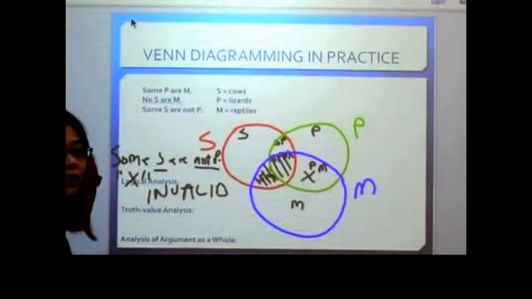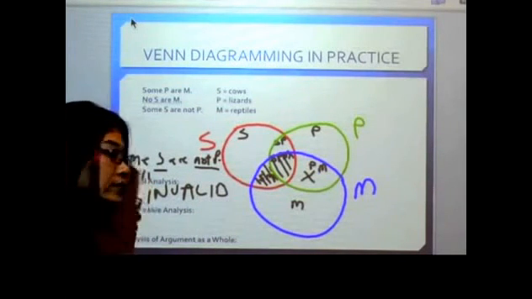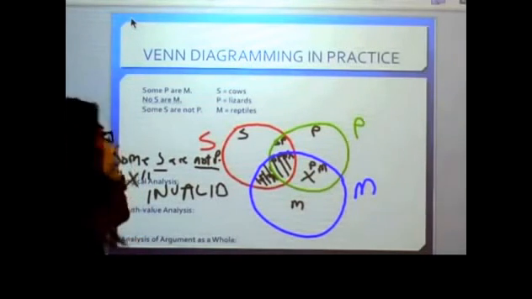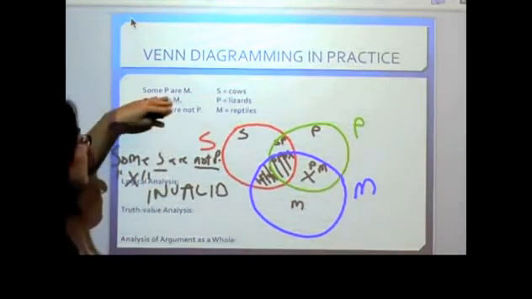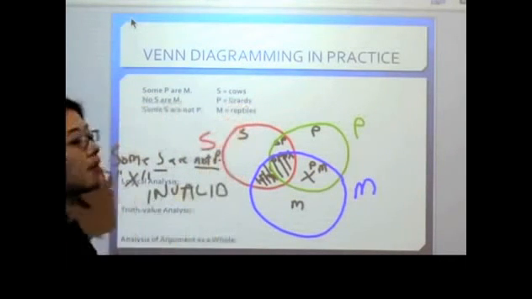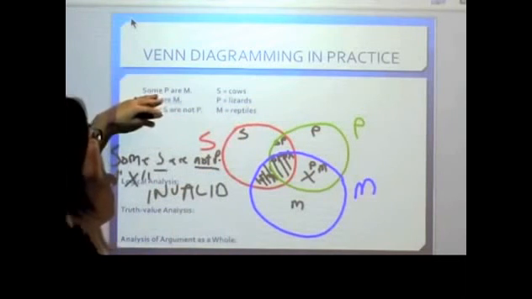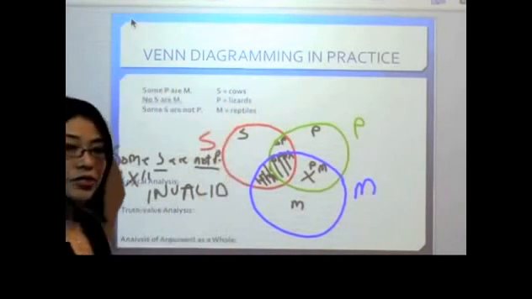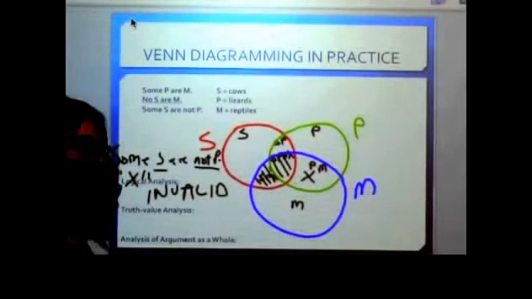Now we can also do truth value analysis again, and in this case we're asking, are the premises actually true? The major premise is some P are M, where P is lizards and M is reptiles. This says that some lizards are reptiles, and that's actually true, because lizards are types of reptiles.